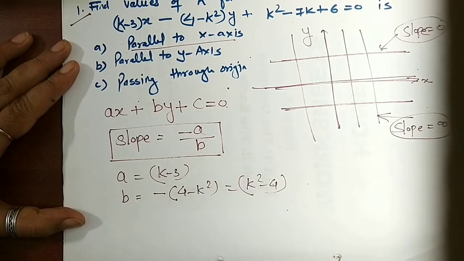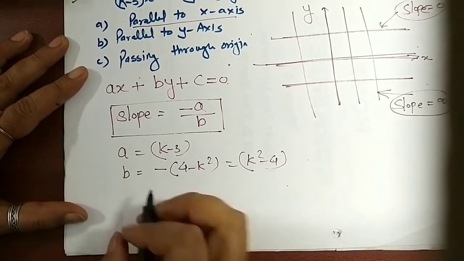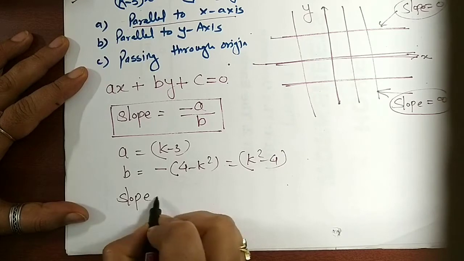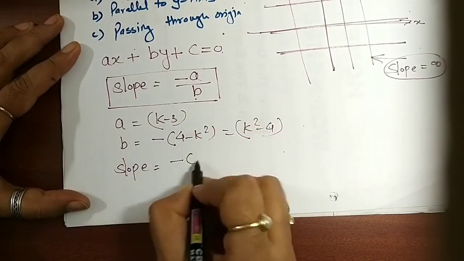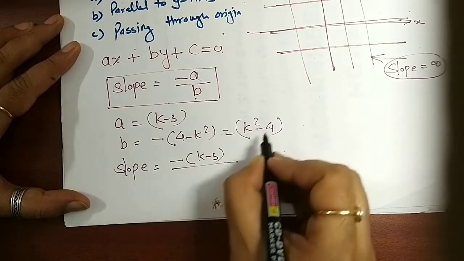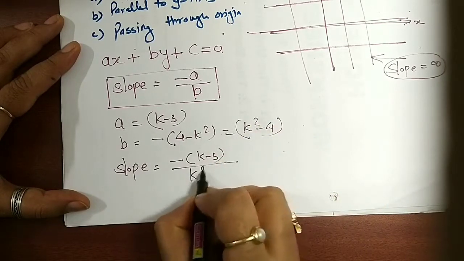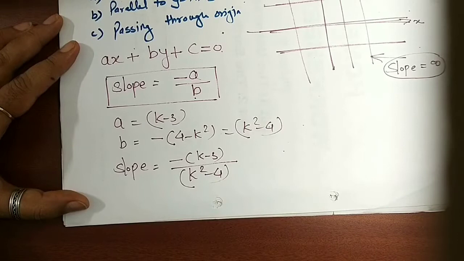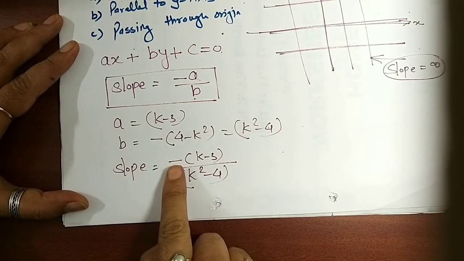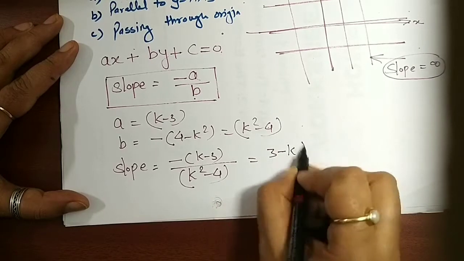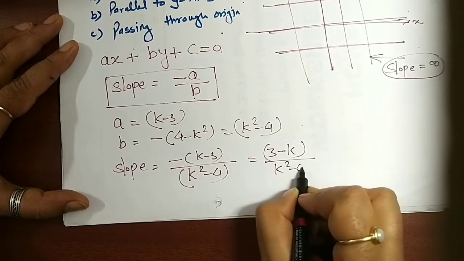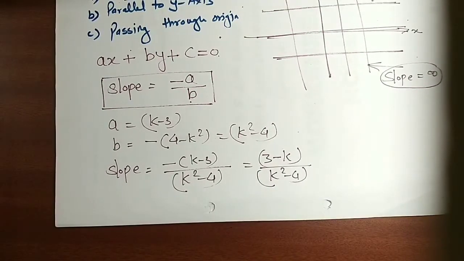So I will simply put it here. Okay, so my slope will be minus a by b, so minus of k minus 3 by k square minus 4. Now because this is minus, I will switch the sign, so it will be 3 minus k by k square minus 4. So this is my slope.